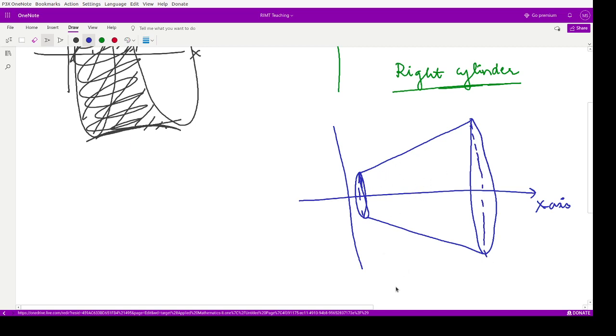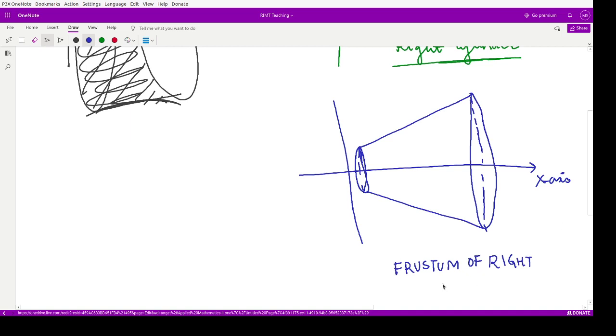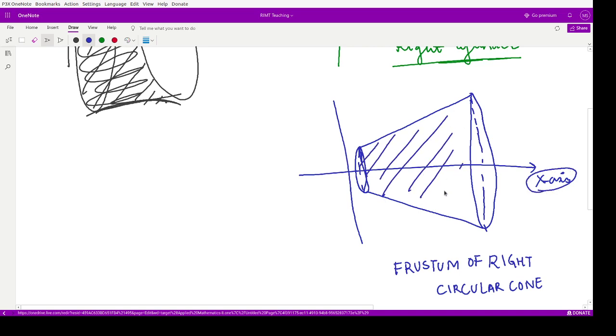This structure is called the frustum, the frustum of a right circular cone. And again the axis of revolution is this x-axis. So this is your solid of revolution.